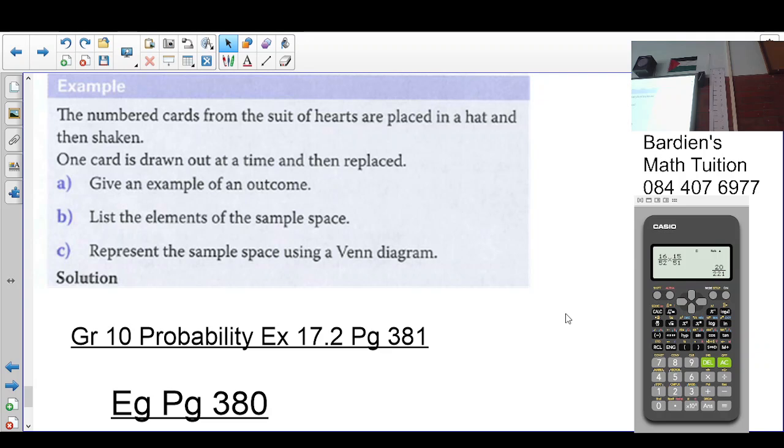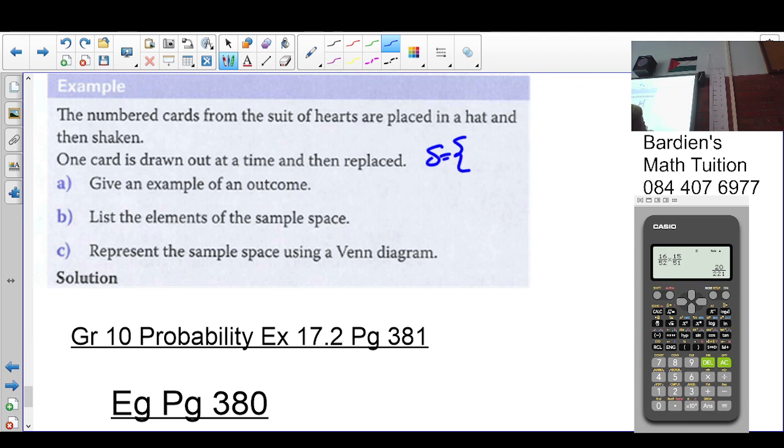So, that's all right. The numbered cards from the suit of hearts are placed in a hat and then shaken. One card is drawn out at a time and then replaced. So it's put back. Right, so let's list what we have here. What does the sample space consist of?